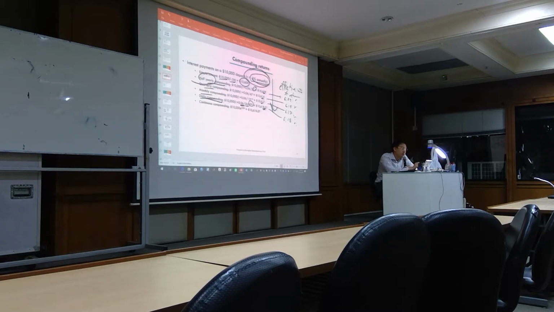Therefore, here, if you have the 6% annual return, then you can calculate to find the effective rate of return. The effective rate of return, RE, is going to be equal to (1 + R/M)^M, if you just look at 1 year.